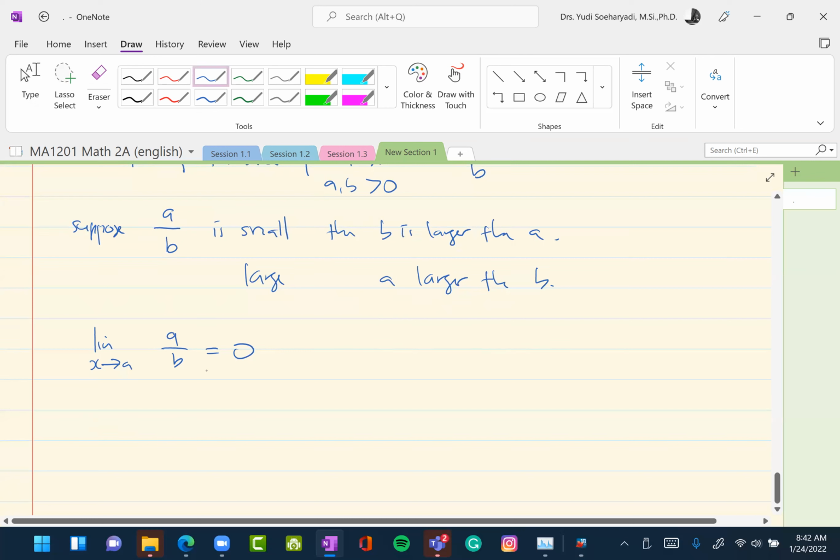A and B are small, really small. So what can you say about A and B? Limit 0 means this is really, really small, because in the context of calculus.